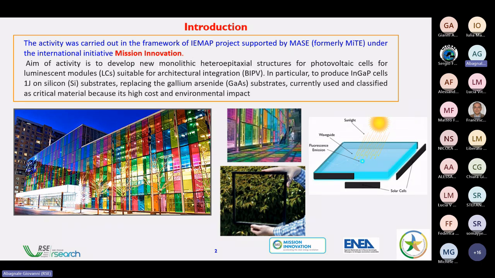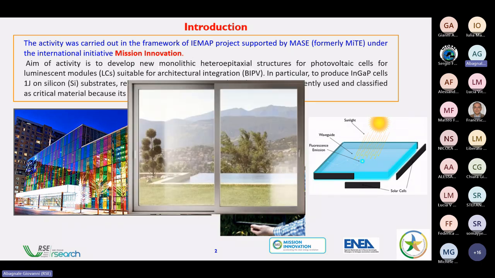What we want, finally, is to turn windows into solar modules in order to produce energy, and we want to do this by putting solar cells all around the edge of the windows.